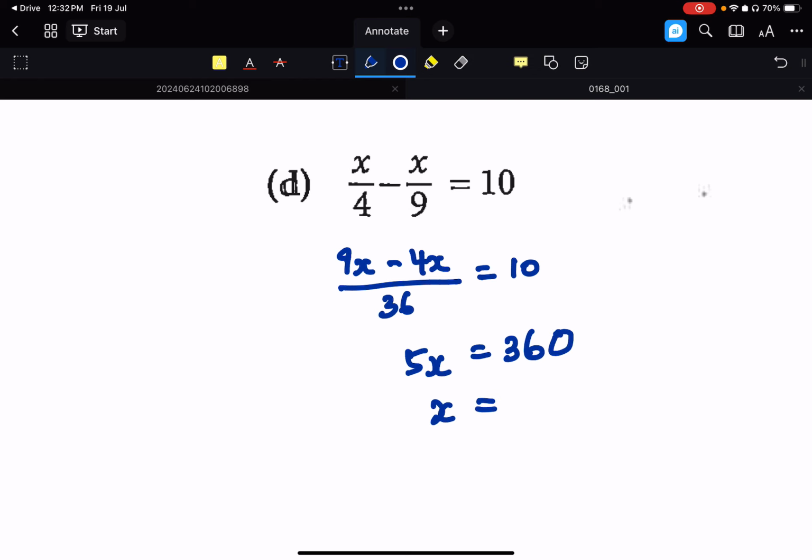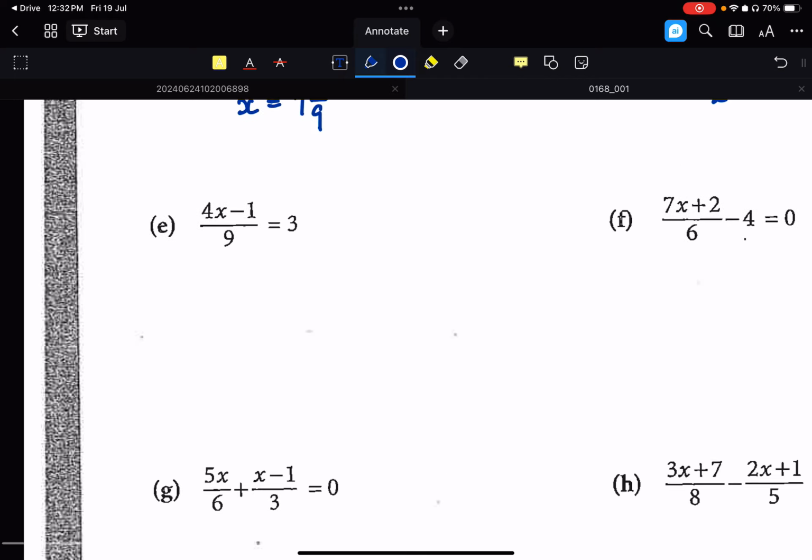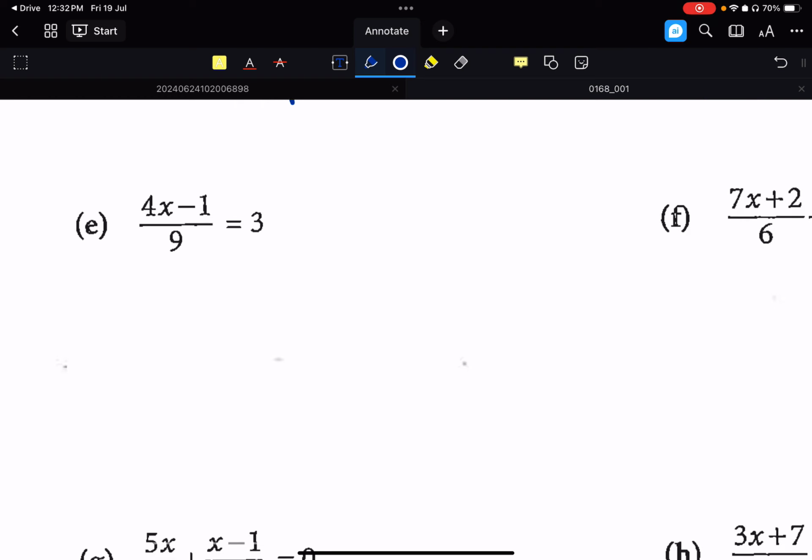X is equals to 72. So there's actually more than one way to go about solving the question. The important thing is equivalence equation, every line equivalence equation. So here, multiply both sides by 9. That is 7, so 4x equals to 28, x equals to 7.